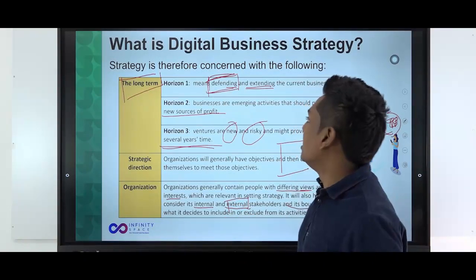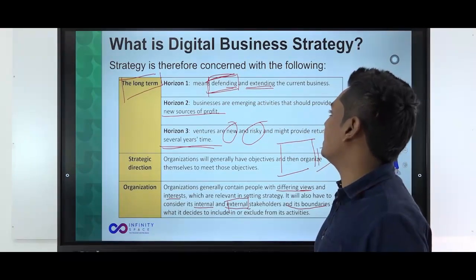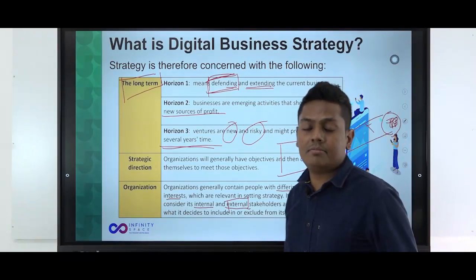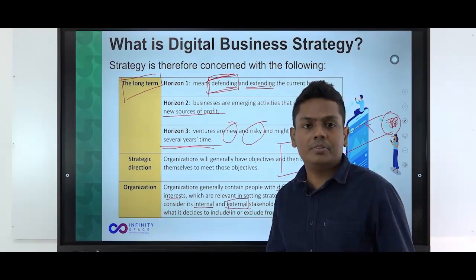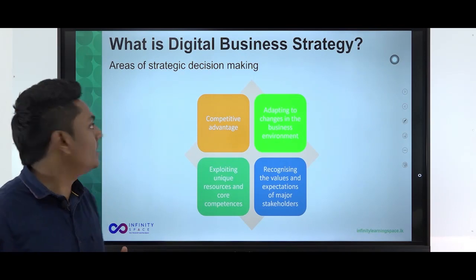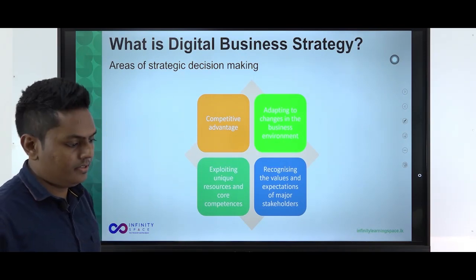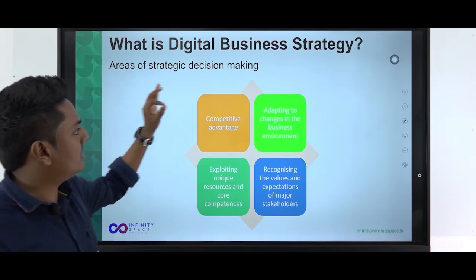All right, so we now have the initial understanding of what digital business strategy is, what strategy is, and how, with the examples. Right, now let's look into the areas of strategic decision making. Still we are discussing what digital business strategy is.